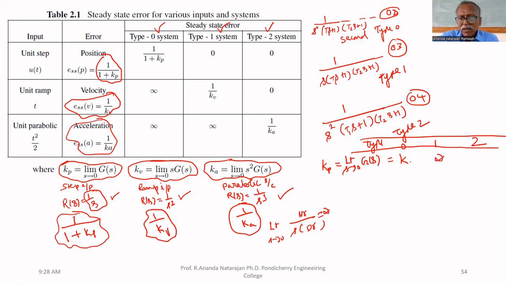For type 2 also, you will have S square in the denominator, that's also infinity. These are all Kp for type 0, type 1, type 2.